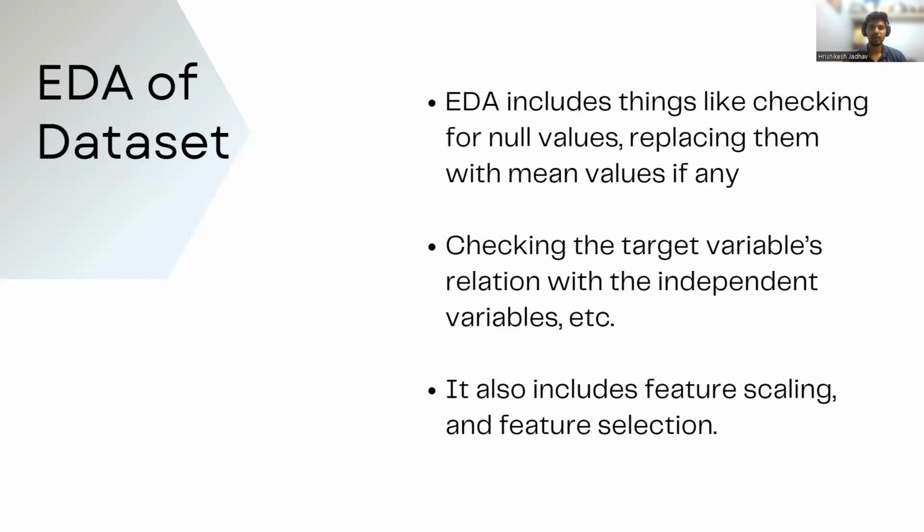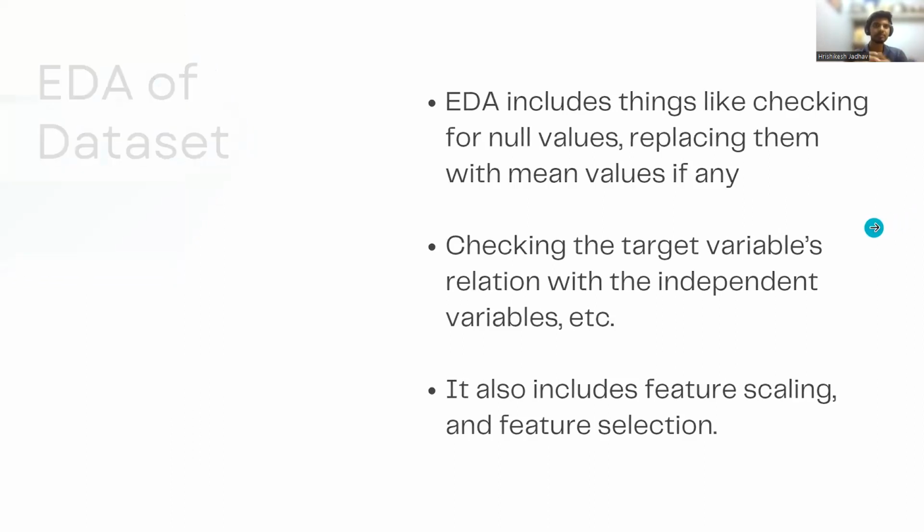If there are zero values, we have to replace them with the average number of values, or we have to completely remove them because they can affect the accuracy of our model. Now we have to check the target variable's relations with the independent variables, like how one variable can affect another variable. EDA also includes feature scaling and feature selection.